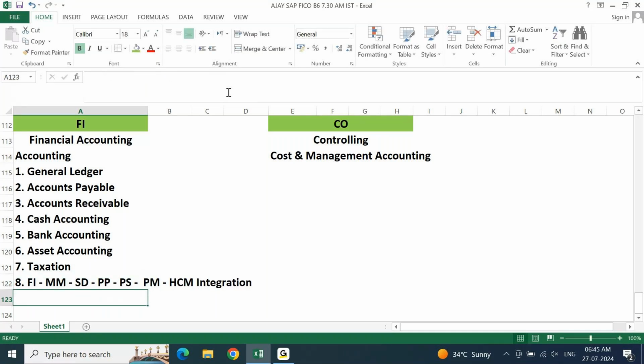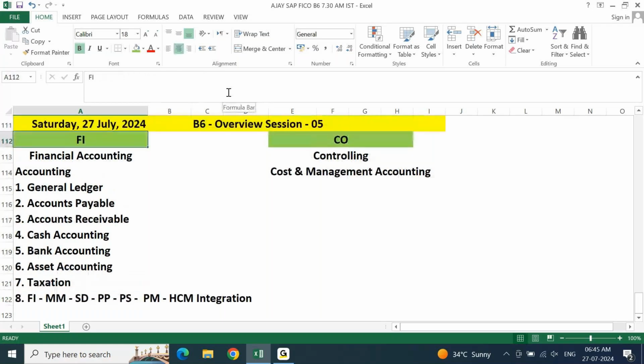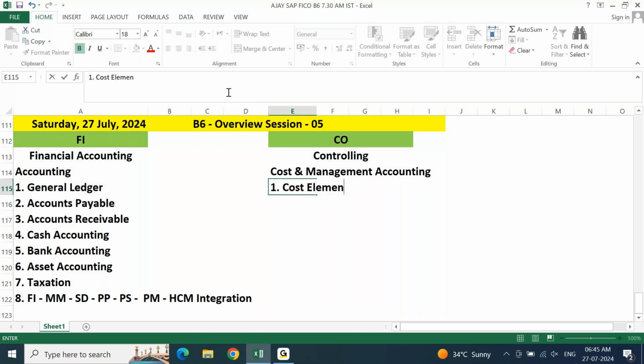Okay, this integration. And on the other side, when you come to the controlling side, here also you have different modules. First one is your cost elements, or cost element accounting. Second one is cost center accounting.